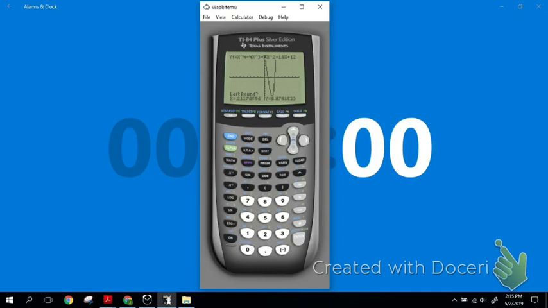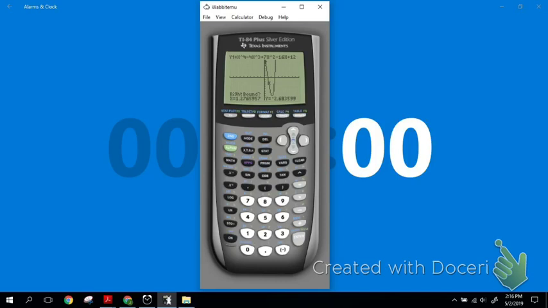So I'm going to start scrolling, and you're going to see a little X start coming down your line. It asks for a left bound, so I want something to the left of that point. That's about here, an X value less than what I had, so we're going to enter there. And then it asks for a right bound, so we're going to go past our 0.